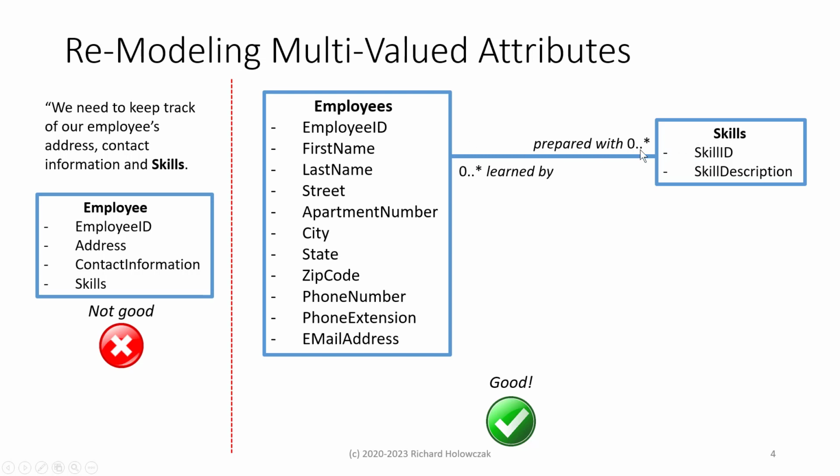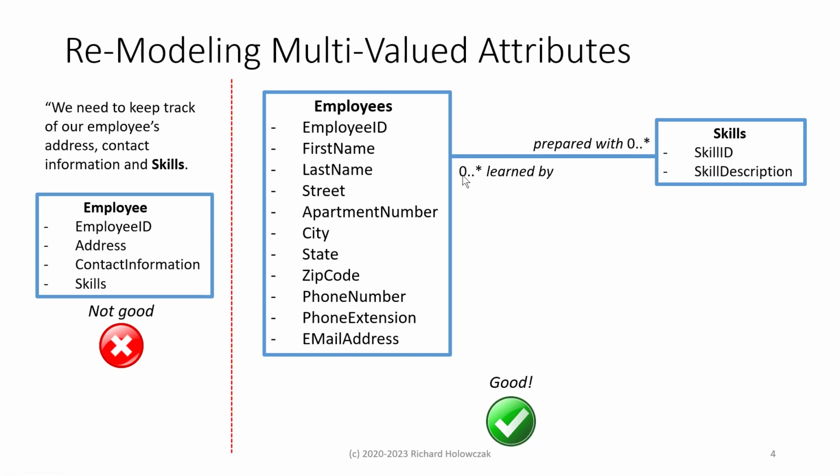So one employee may be prepared with many skills, and one skill may be learned by or acquired by many employees. We could have a skill called Python programming, and many of your employees have that skill. We could have a skill called Java programming, and perhaps none of your employees have that skill. That's okay.